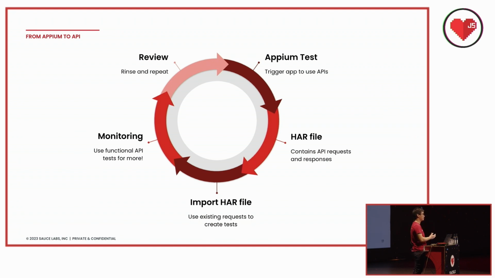We're going to import that into the API solution of choice. We are then using that imported HAR file to create tests and use the created tests to monitor our APIs. Then we review that part, and we do it all over again and again.